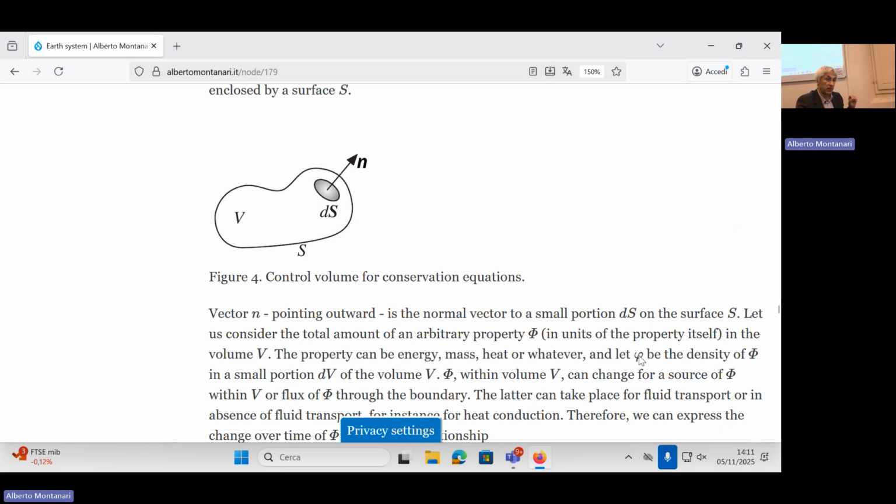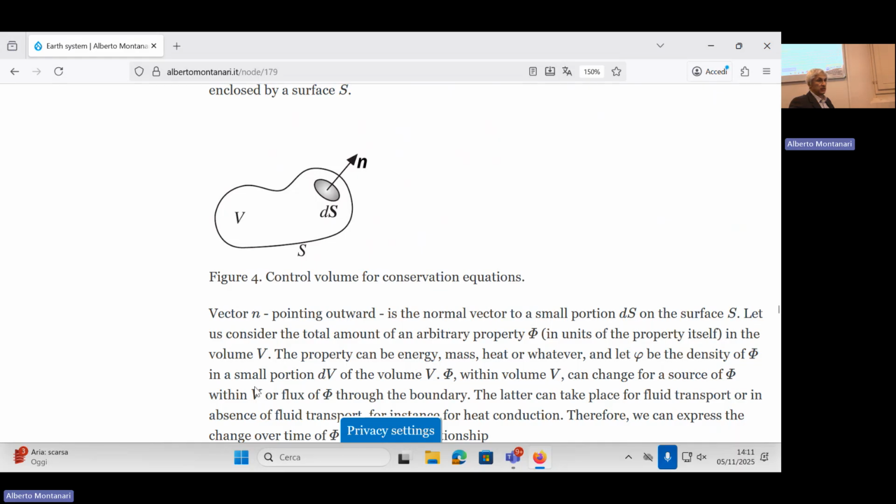And lowercase phi is the density of capital phi in a small portion dV of the volume V. And density means like mass density, so mass per unit volume. So if the property capital phi is mass, the unit of capital phi is kilograms, and the unit of lowercase phi is kilograms per cubic meter, okay?